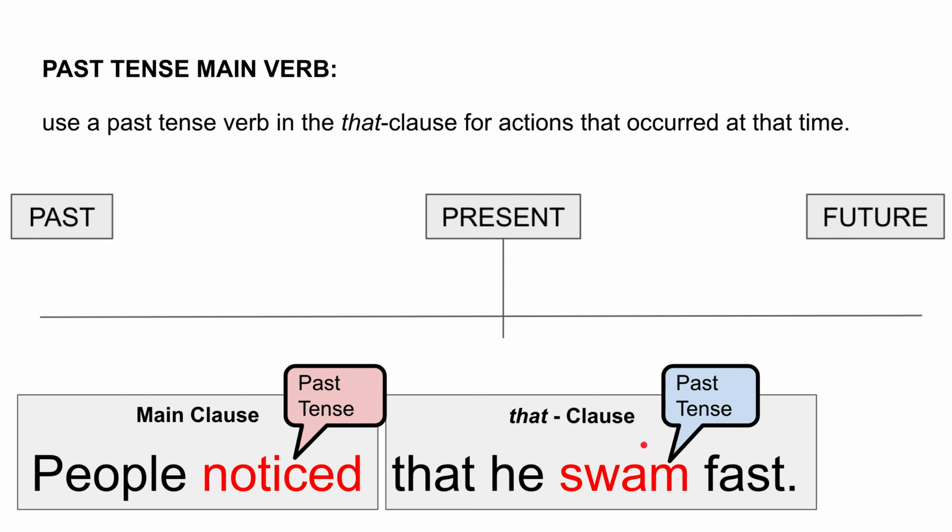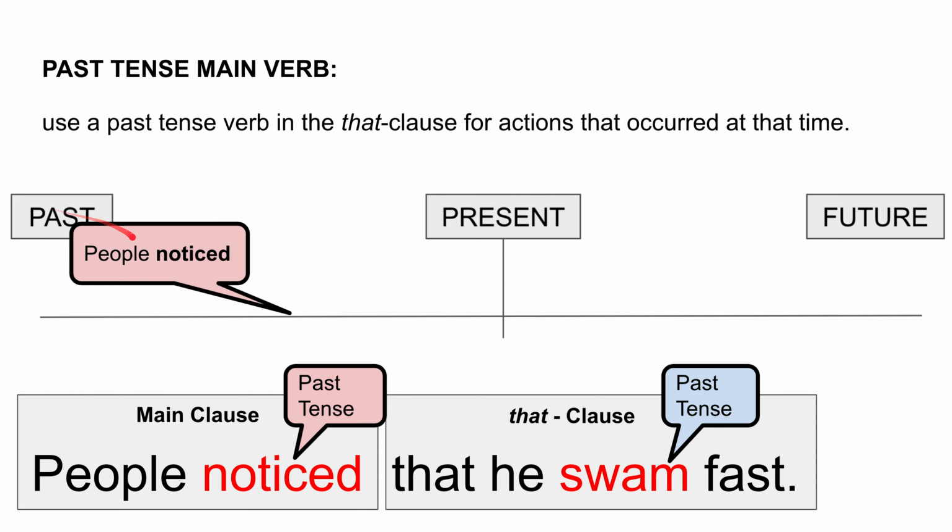He swam fast. What am I saying? That sometime in the past, people noticed; the mental activity occurred in the past. And at the same time, this action, swam fast, occurred. I'm basically saying that people noticed that he swam fast. These two are occurring at the same time in the past.